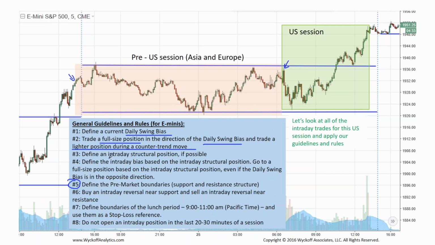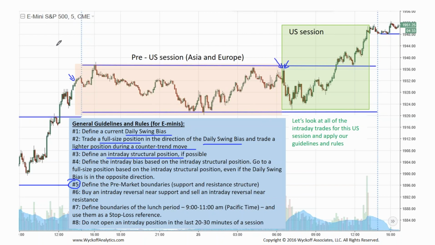I also want to understand an intraday structural position, and based on that, my bias might change. So what do I mean by that? For instance, there is an attempt to upthrust here.